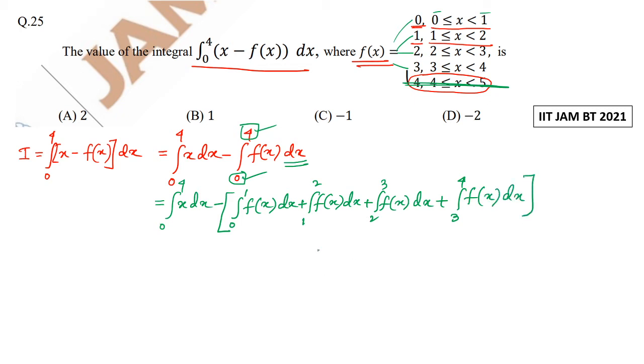So we have divided the whole limit from 0 to 4 into 4 parts, that is from 0 to 1, from 1 to 2, from 2 to 3, and from 3 to 4.